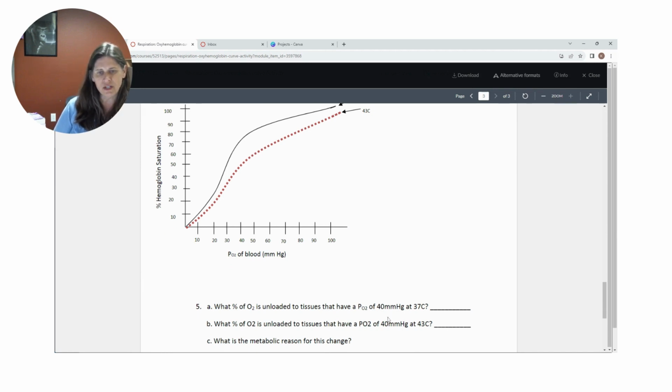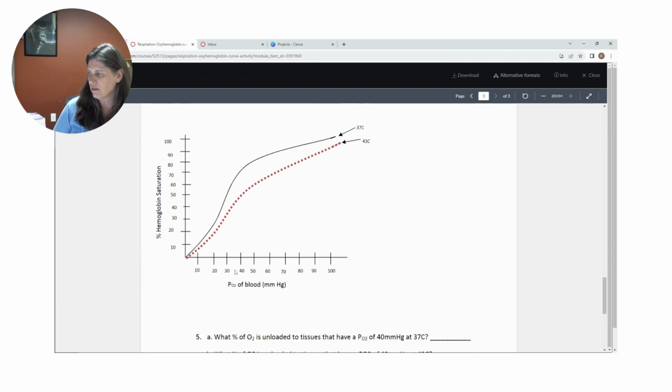Once they reach the tissues, and we know that's happening because we're mentioning 40 millimeters of mercury, we're going to look there. We're going to go to our solid black line curve, because that's the 37 degrees.